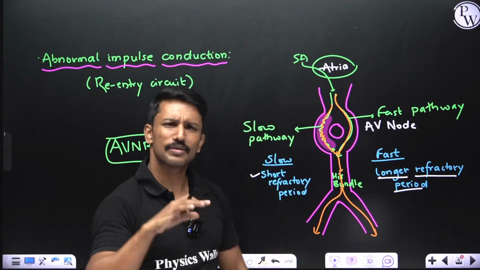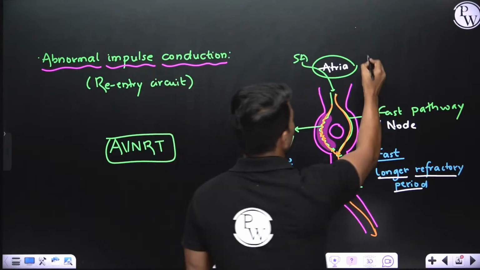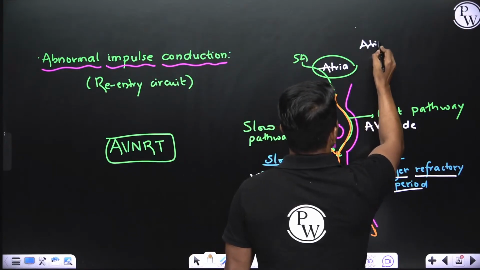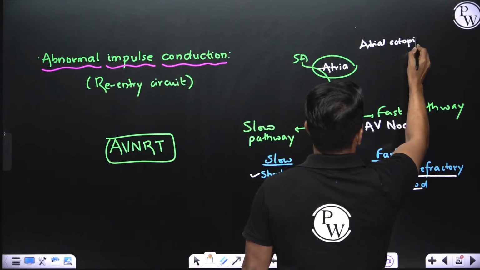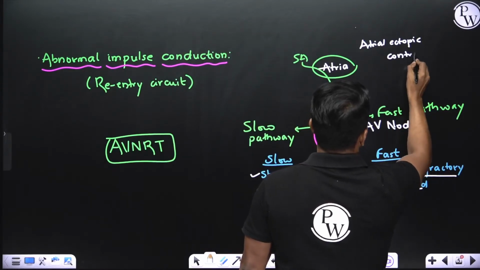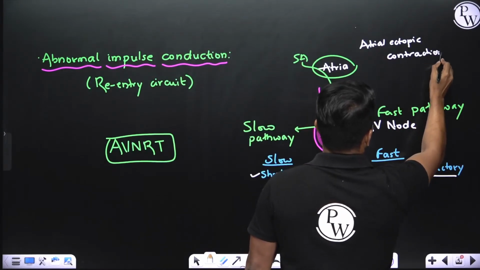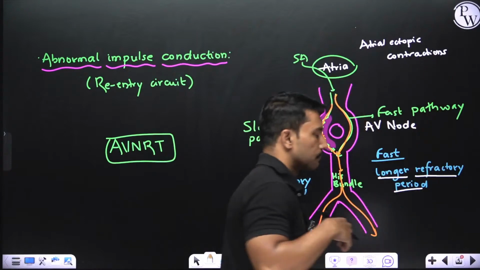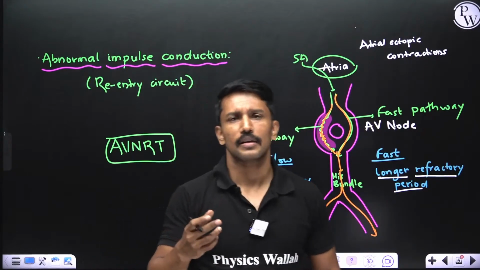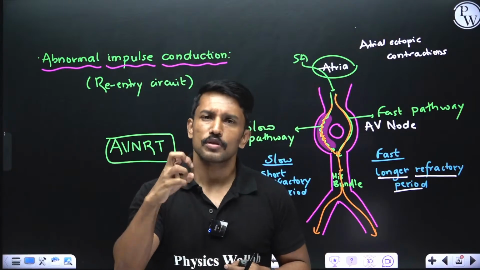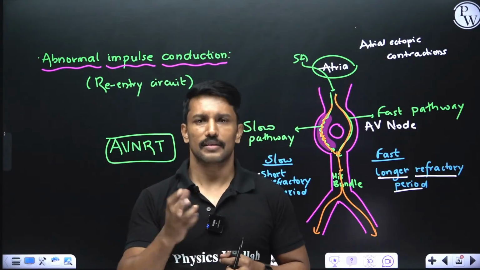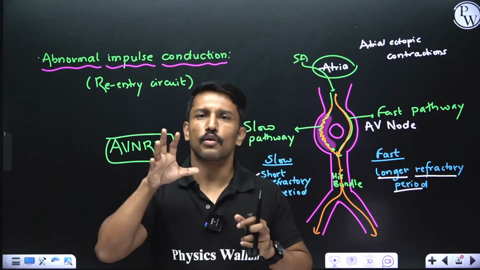Now let us say for some reason there is an atrial ectopic. What do I mean by atrial ectopic contraction? We just learned that certain drugs like cocaine or caffeine can trigger an ectopic focus to become the pacemaker, right? Let us say that something of that sort happened, or the atria contracted a little early.